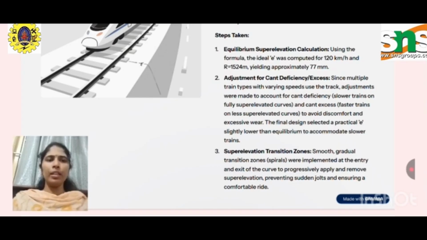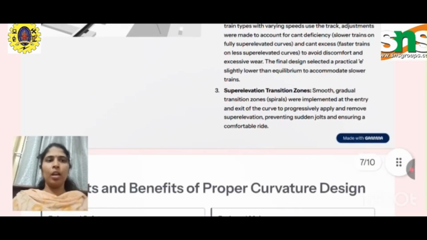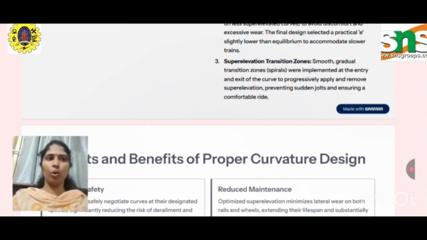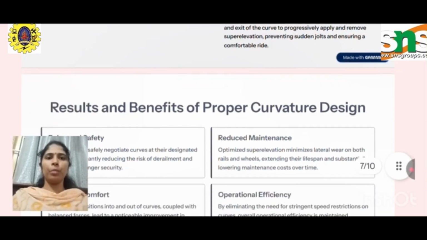The final design selected a practical E slightly lower than equilibrium to accommodate slower trains. Super elevation transition zones: smooth gradual transition zones were implemented at the entry and exit of the curve to progressively apply and remove super elevation, preventing sudden jolts and ensuring a comfortable ride.